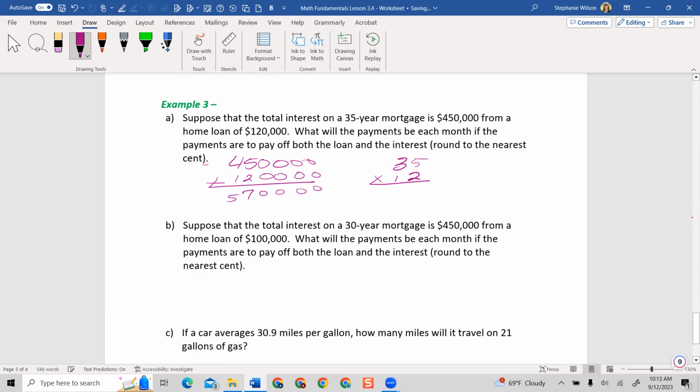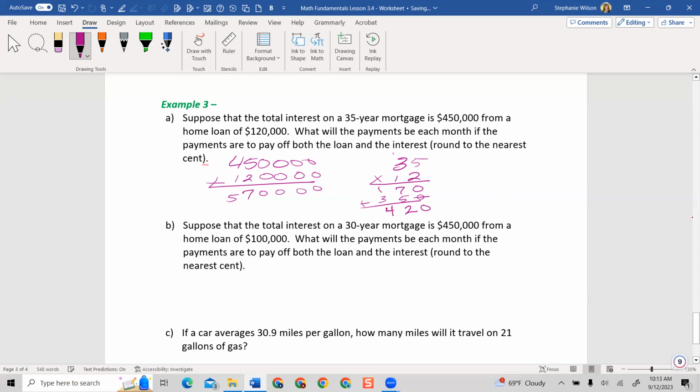So when I multiply these together, 2 times 5 is 10, carry the 1, 2 times 3 is 6, plus 1 is 7. I'm going to scoot over for the 1 times 5 and 1 times 3. Let's add these up. I get 0, I get 12, carry the 1, 420.